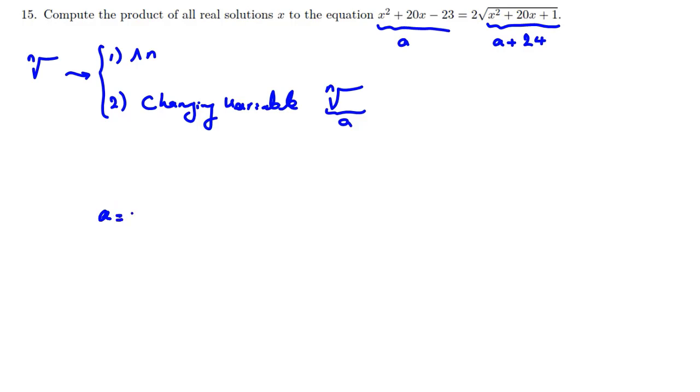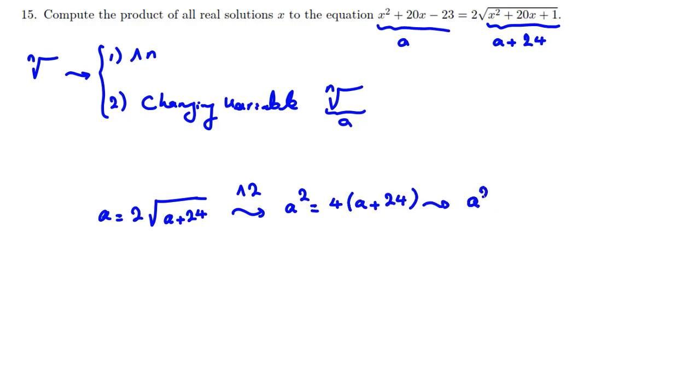Now we can say we use changing variable: A equals 2 times root of A plus 24. Then here we use the first approach, raising to the power of 2. So A squared equals 4 times A plus 24. If you take all things to the left hand side, A squared minus 4A minus 96 equals 0.